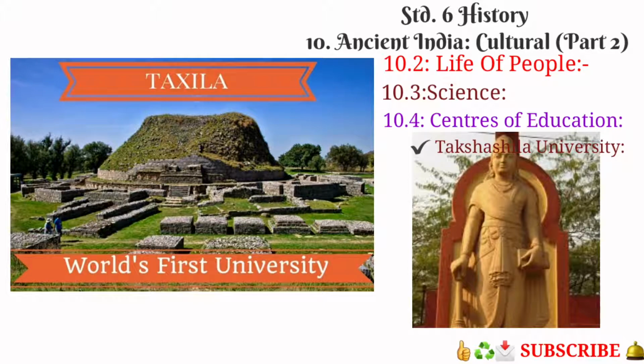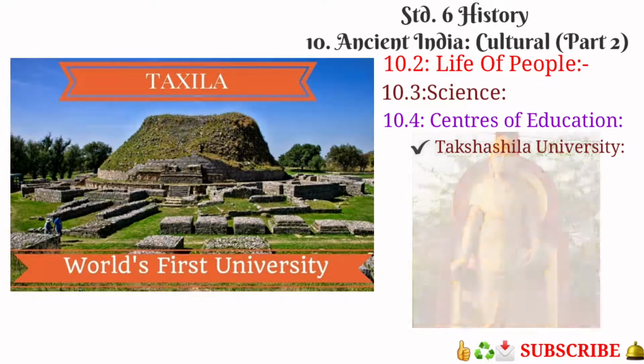Students, we have studied about Chandragupta Maurya in the lesson, that is lesson number 7, India during the Maurya period. Okay, students. So here in this university, that is Takshashila University, Chandragupta Maurya had studied.